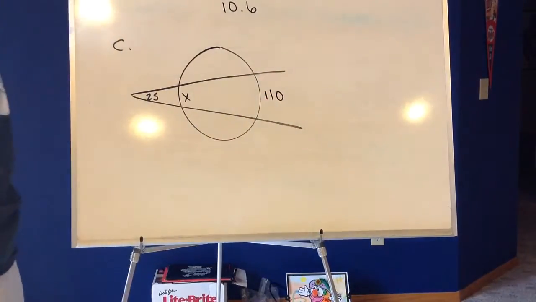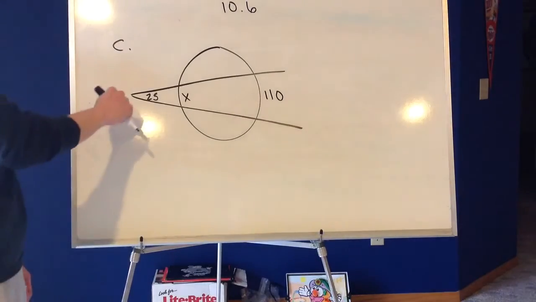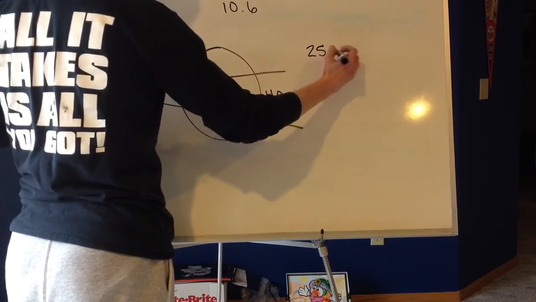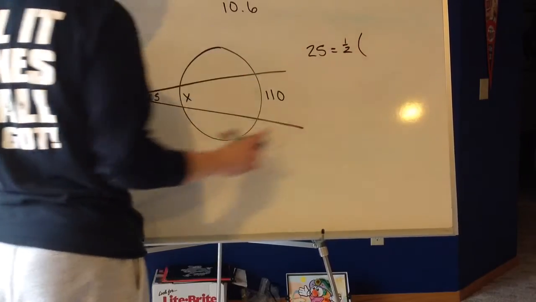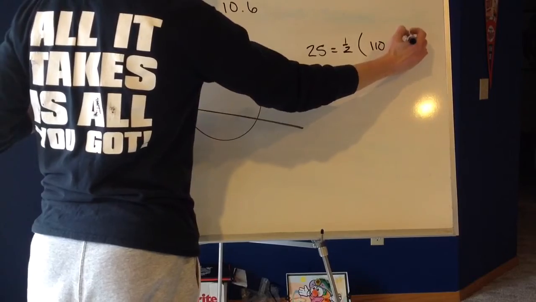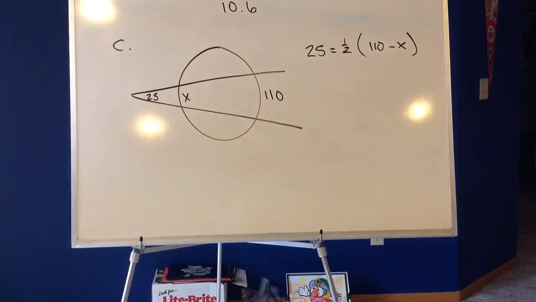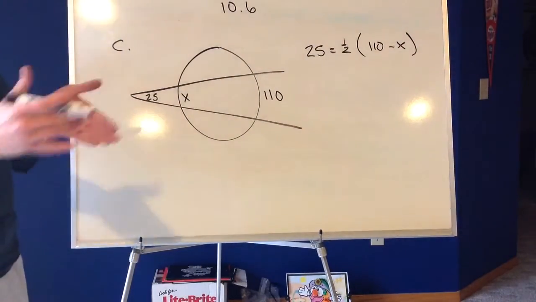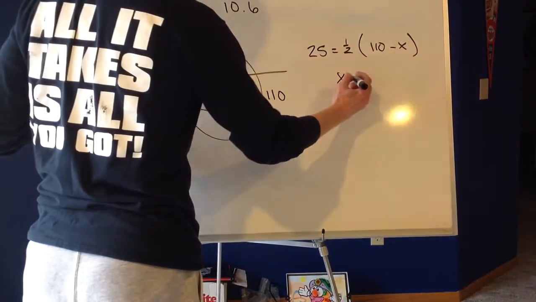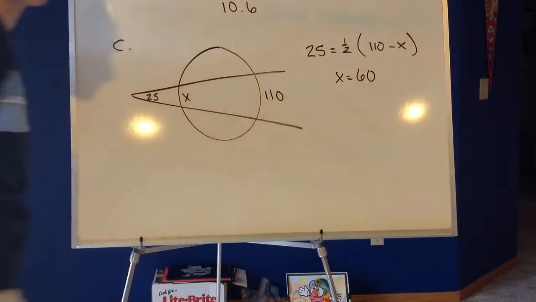So very similar to what we did in B. It is exterior, so it's going to end up being 25 equals 1/2 big arc, which is 110, minus the little arc, which is X. Okay, again, making sure it's always big minus little. Okay, go through and solve that one, and you will end up with X equals 60.